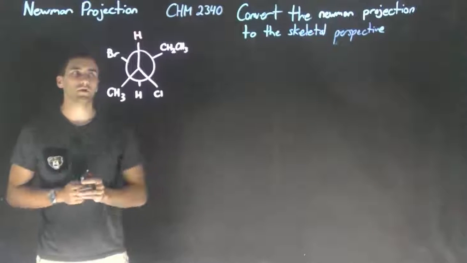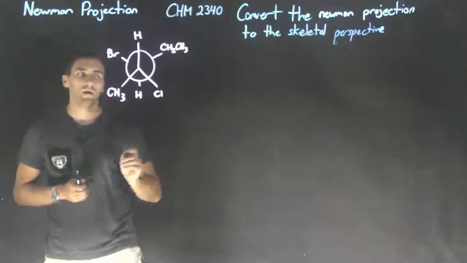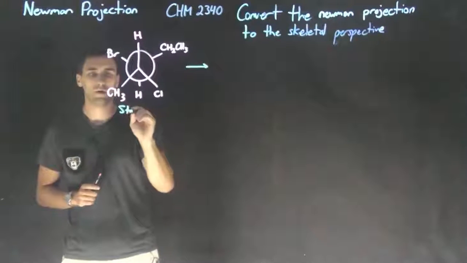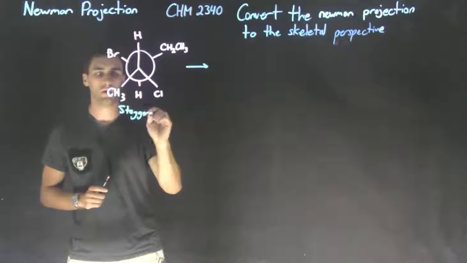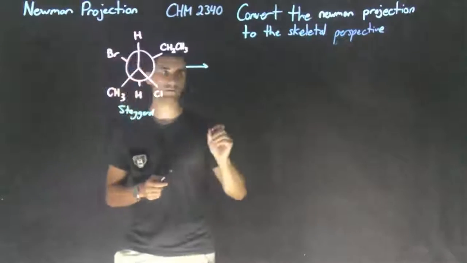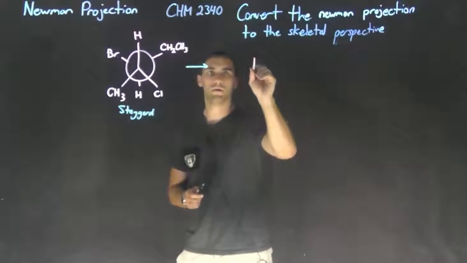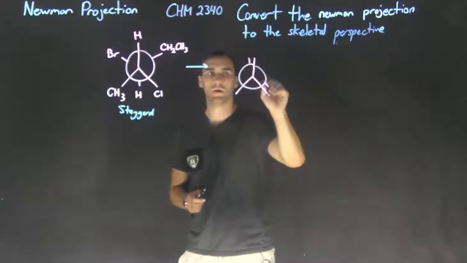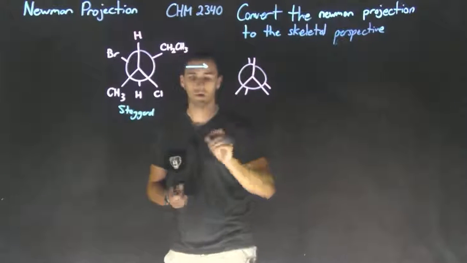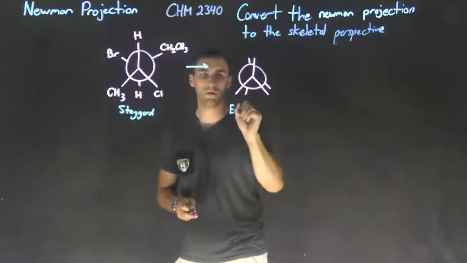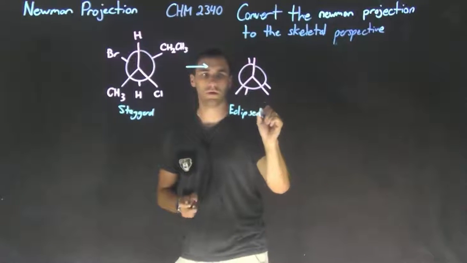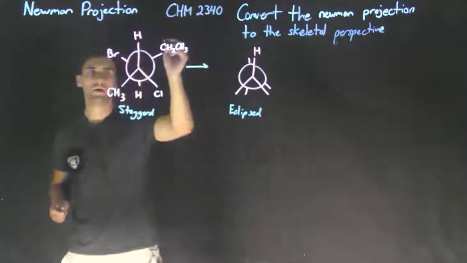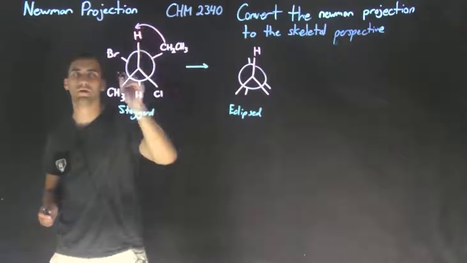In order to go to the Fischer projection from a Newman, we have to go from the staggered form to the ellipse form. Now, to do that, I rotated the back carbon this way.